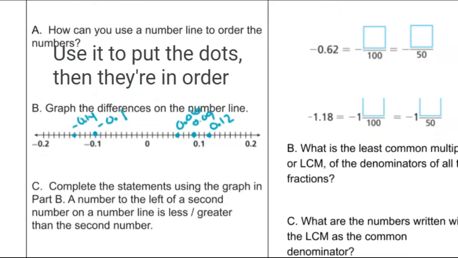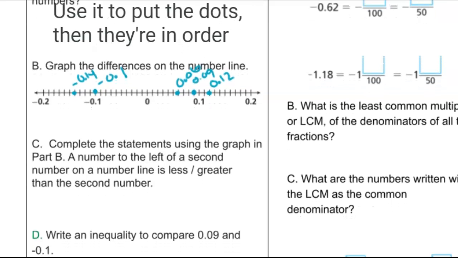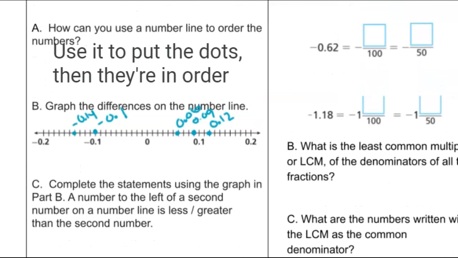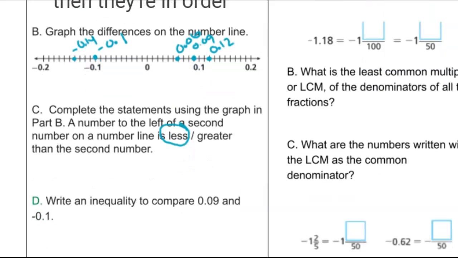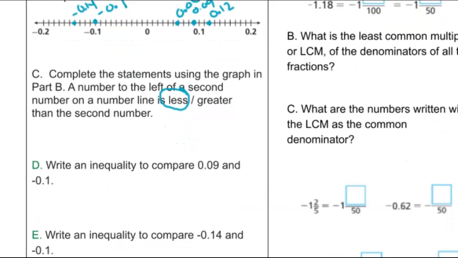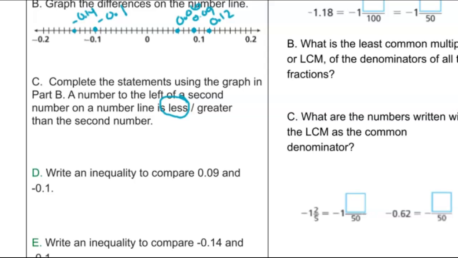Now let's look at part C. Complete the statements using the graph in part B. A number to the left of the second number on a number line is less, because numbers to the left are less. D, write an inequality to compare 0.09 and negative 0.1. So I have 0.09 is what to negative 0.1.